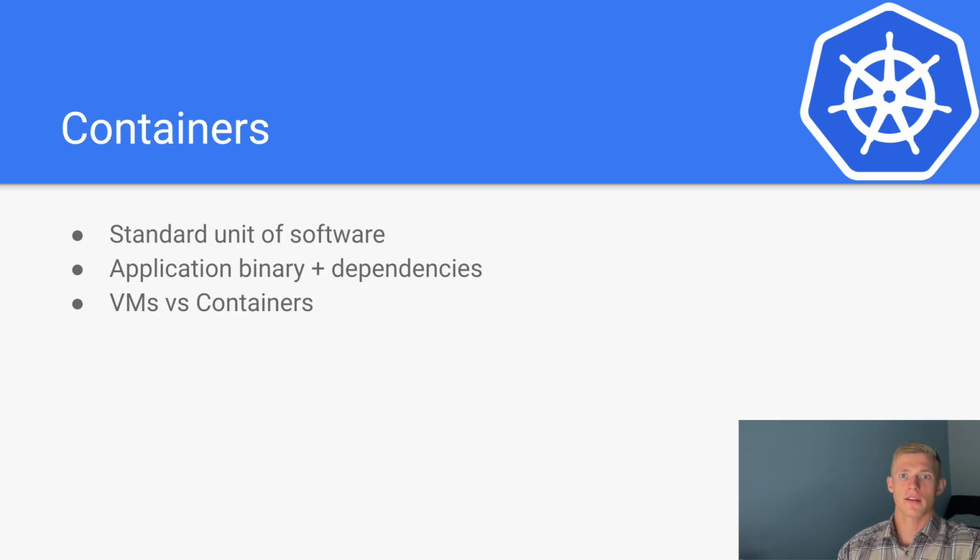Containers. So you can think of containers as a standard unit of software. They consist of a binary and the dependencies that are needed to run that binary. We can also think about containers in relation to VMs. A lot of people come from a background of VMs and then they transition to containers and they're like, oh, what's the difference?